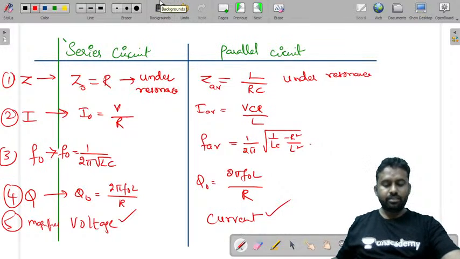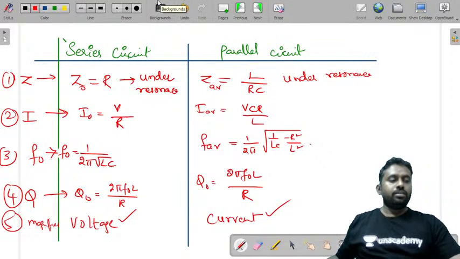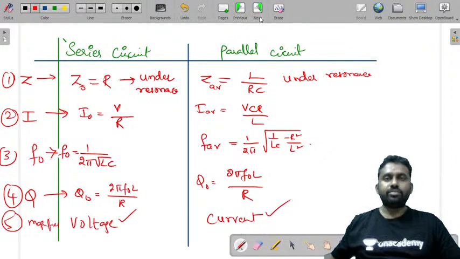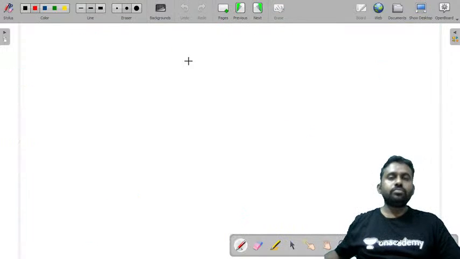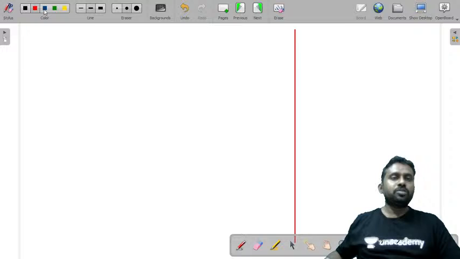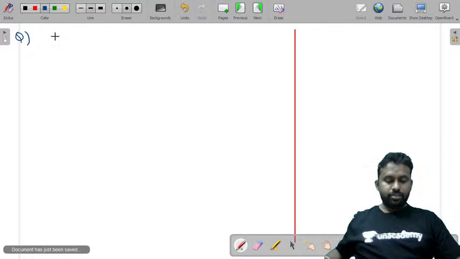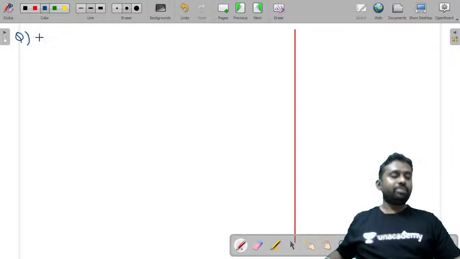So let us try to solve one question that is given in one of the textbooks of Ravish R. Singh on this parallel resonant circuit. This is also one of the university examination questions.